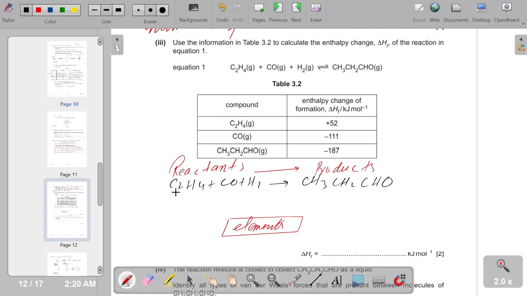So what are the elements? You can see two carbons are here. Carbon exists in solid form in nature, so I need to write here two carbons in the solid state. Never forget to mention the physical states, okay? Now you can see you have hydrogen H4.